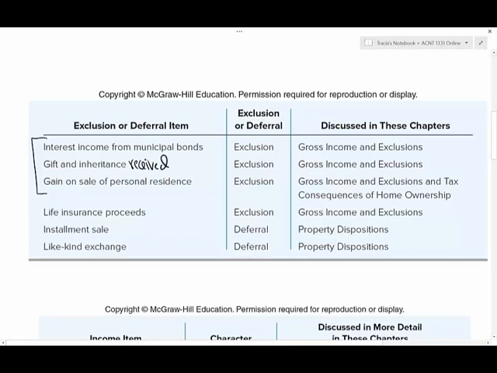Gains on the sale of personal residences are also excluded. You can also include in there life insurance proceeds. Those are also excluded. And then here are the two deferral items that I discussed. That simply means it's not taxable right now, but will be taxable later.